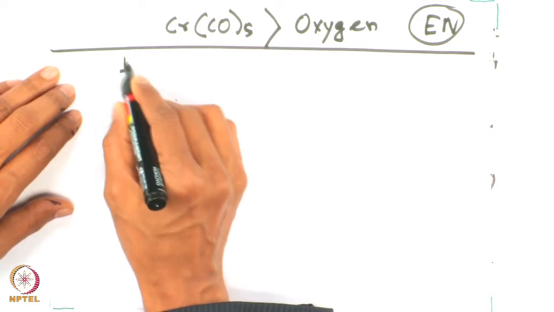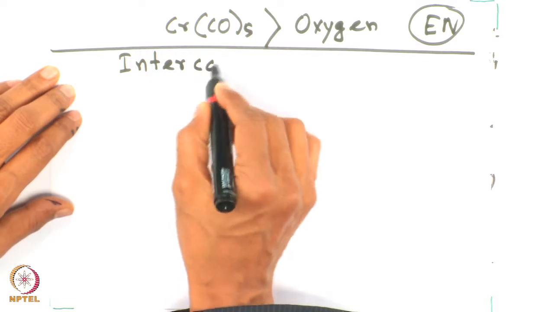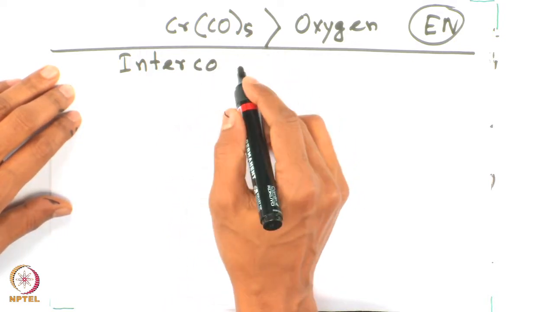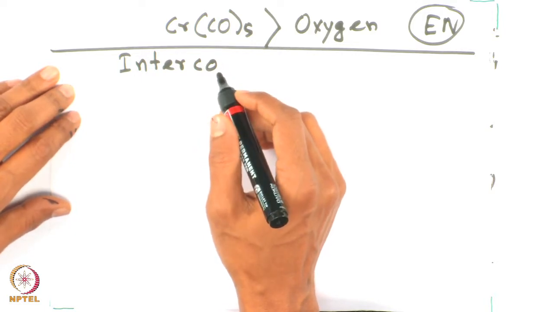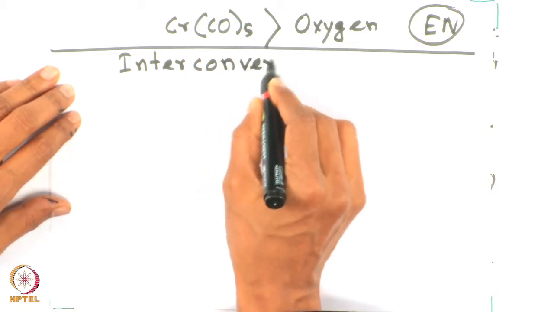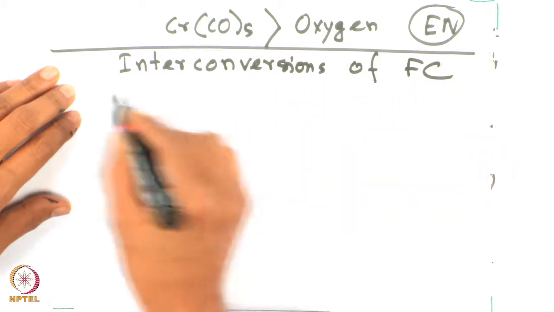What we can then try to do is the interconversion, right. We know that transesterification is a famous phenomenon, where one ester can be converted into another. We can convert one Fischer carbene into another Fischer carbene, much similar to what transesterification does. So, interconversions of Fischer carbene.